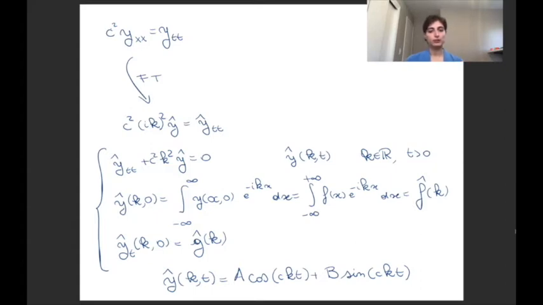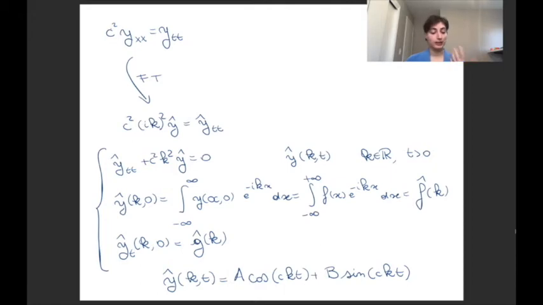So we retrieve a problem that is y hat_tt plus c squared k squared y hat equal to 0, where y hat is a function of k and t, where k is anywhere on the real axis and t is positive.